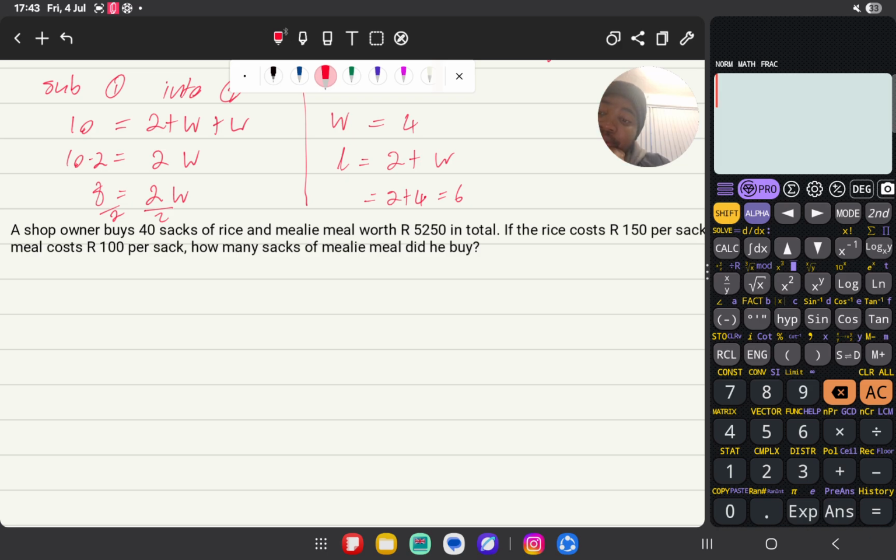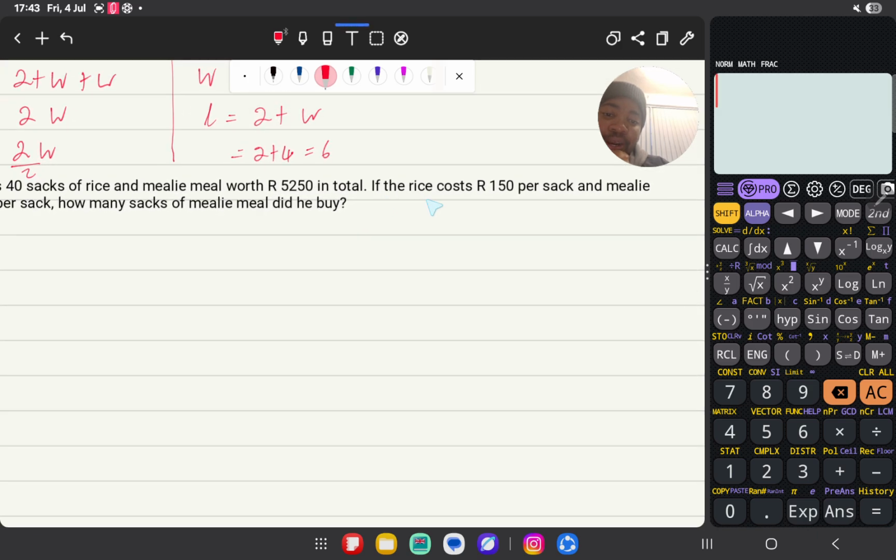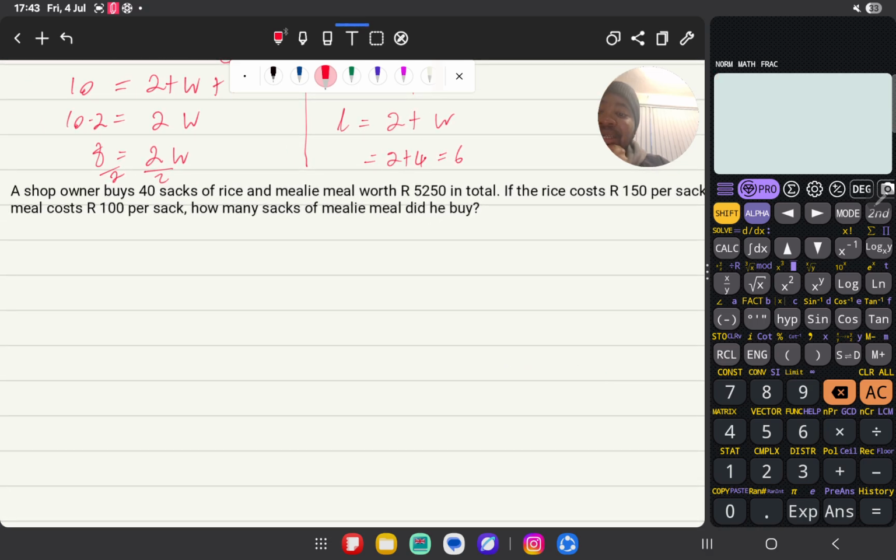A shop owner buys 40 bags of rice and milli meal worth 5,250 in total. If the rice costs this much per sack and the milli costs this much per sack, how many sacks of milli did he buy?